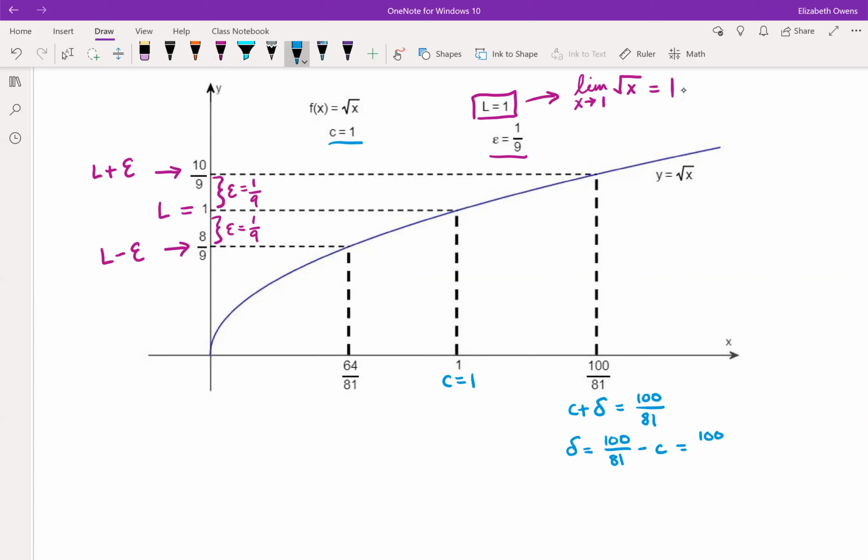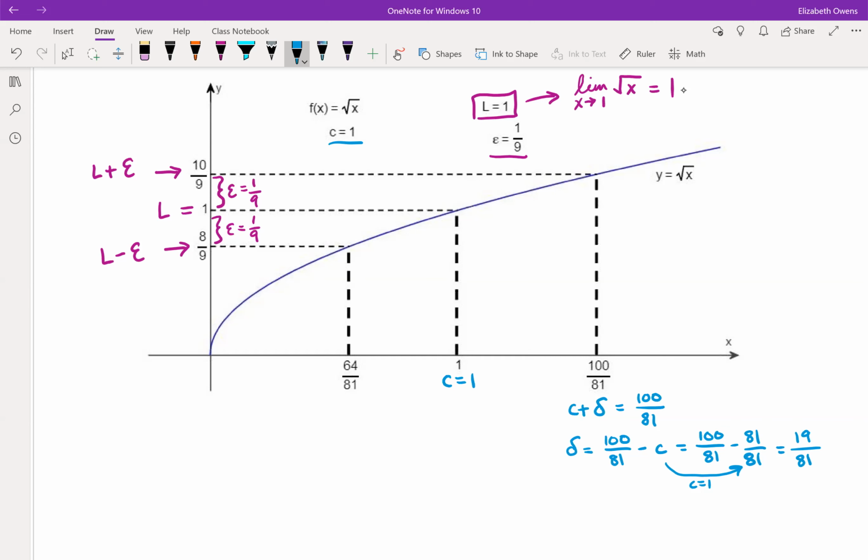So 100/81 minus 1, which is 81/81. We would end up getting 19/81 there. I'll just make you a little note, c equals 1, that's why I wrote it that way. So that looks like it would be our delta.